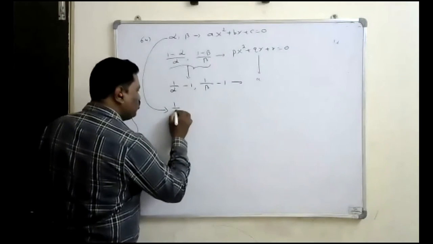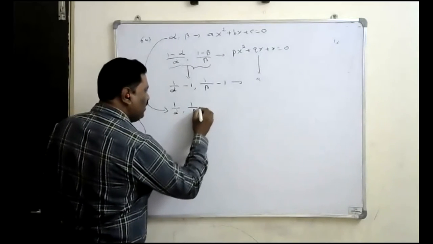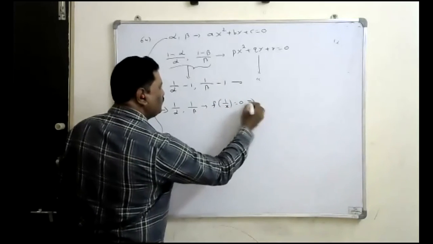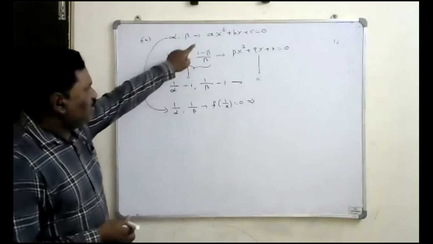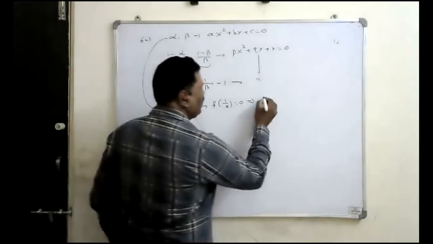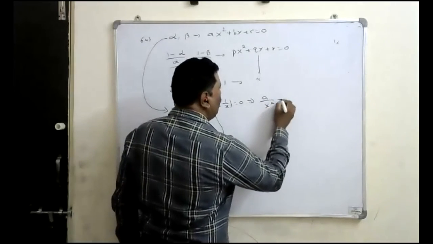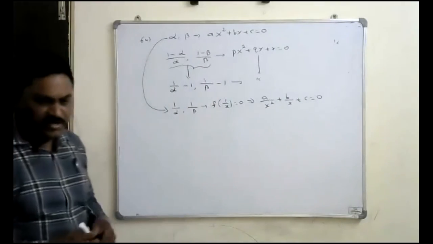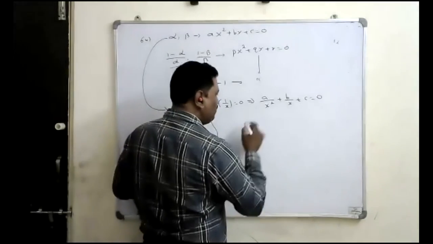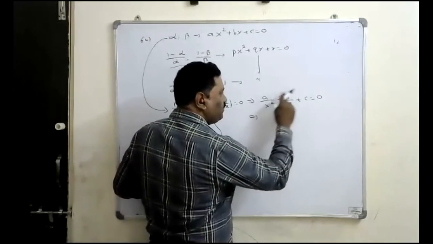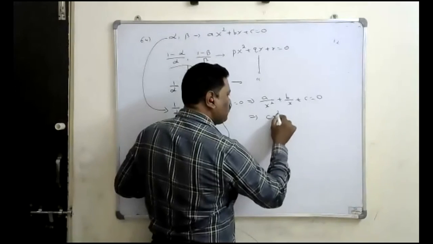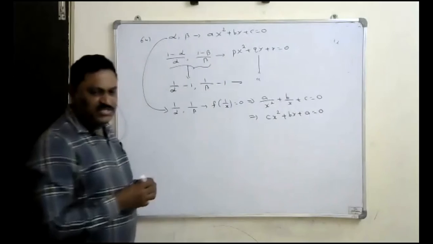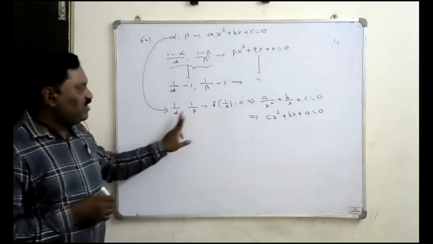Therefore f of 1 by x is equal to 0 gives a by x square plus b by x plus c is equal to 0. Now multiply by x square, then this equation becomes a plus bx plus cx square, that is, cx square plus bx plus a is equal to 0, right? For this equation the roots are 1 by alpha and 1 by beta.